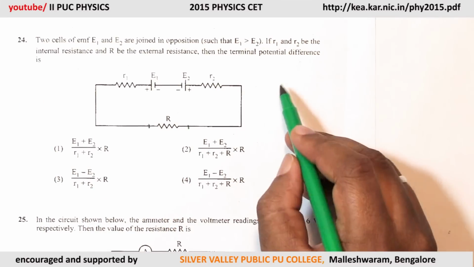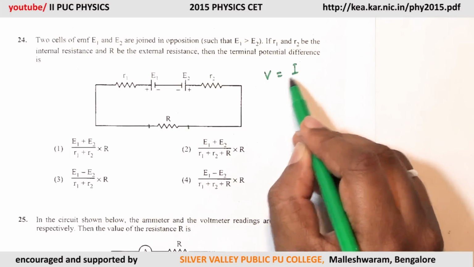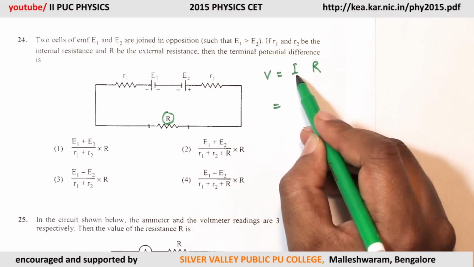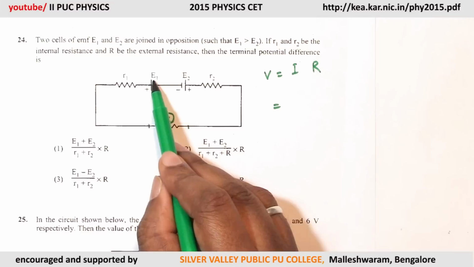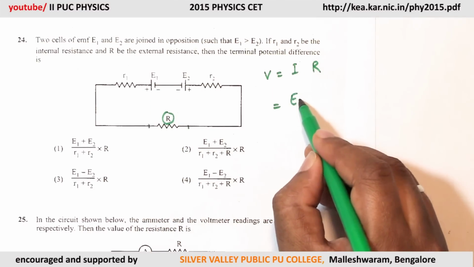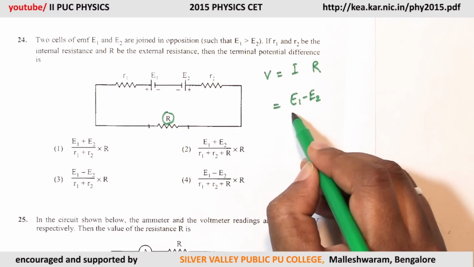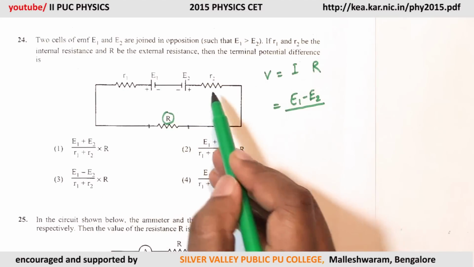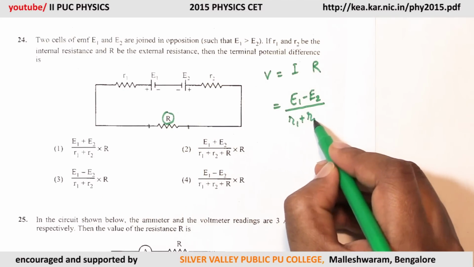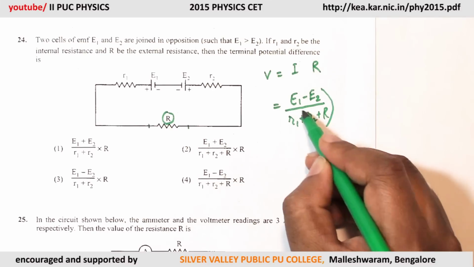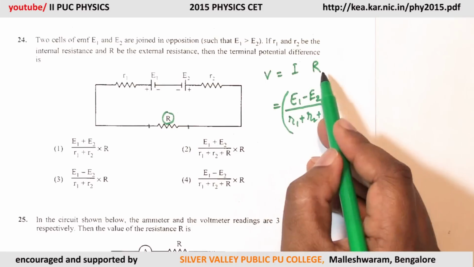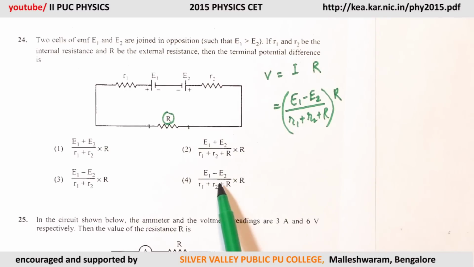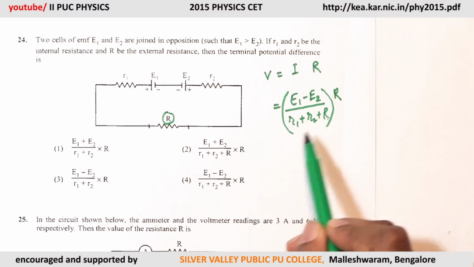Terminal potential difference means I into external R. But the current is the equivalent of these two; since this opposes this, E1 minus E2, the total EMF, divided by the 3 resistors in series, R1 plus R2 plus R. So this ratio gives the total current, into external R. There should be a difference, with 3 values in the denominator.